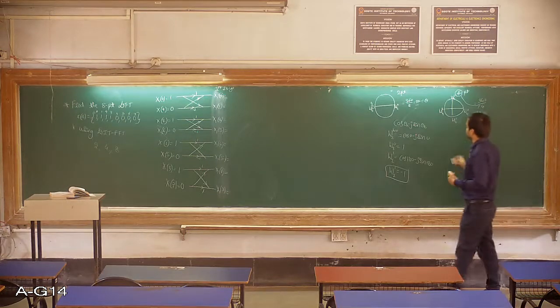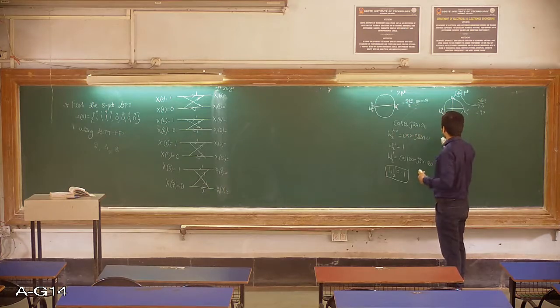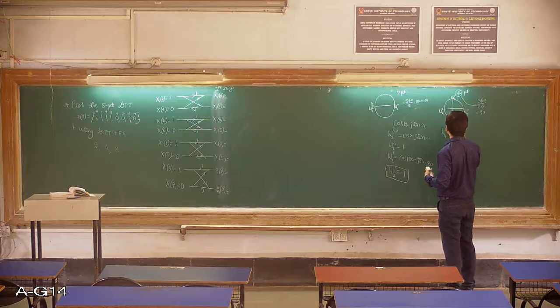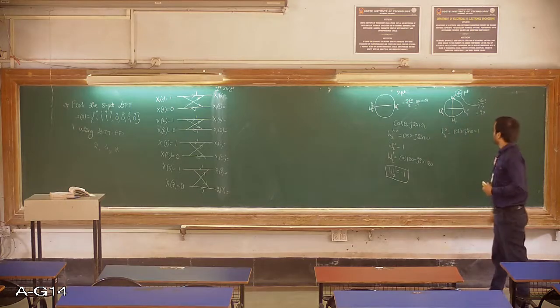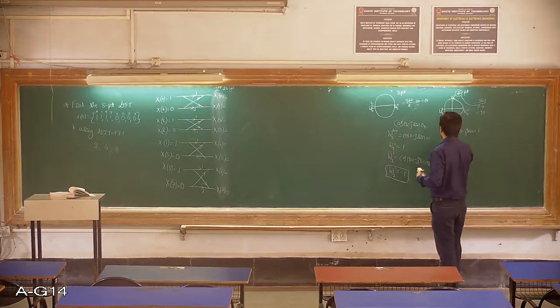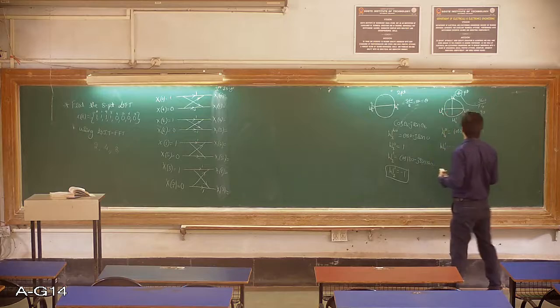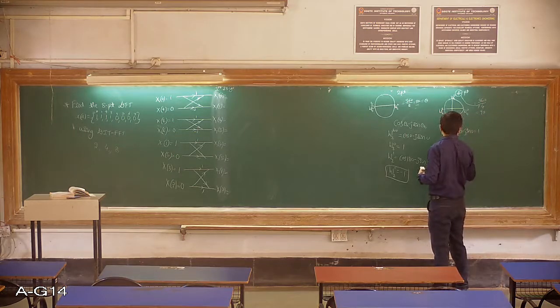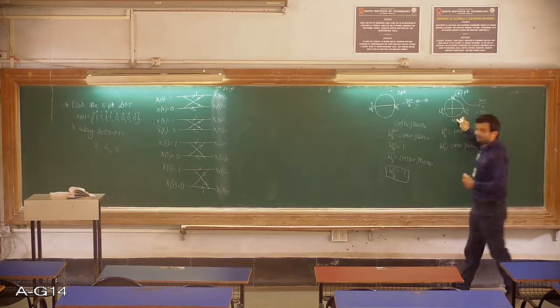For the calculation, the same formula. W4 of 0: 90 into 0, because here the k value is 0, so we will get cos 0 minus j sine 0, which is 1. Then W4 of 1: 90 into 1, cos 90 minus j sine 90, because here the k value is 1.